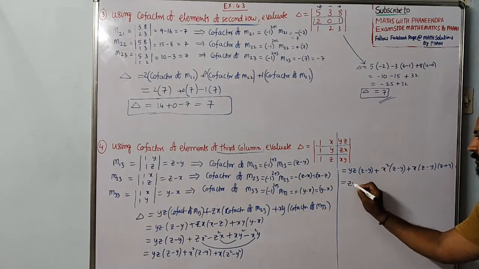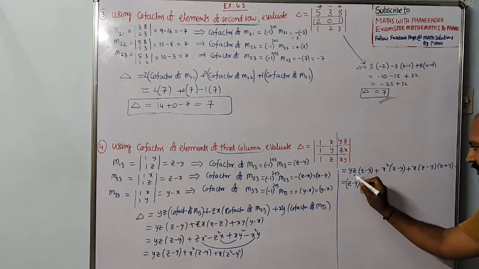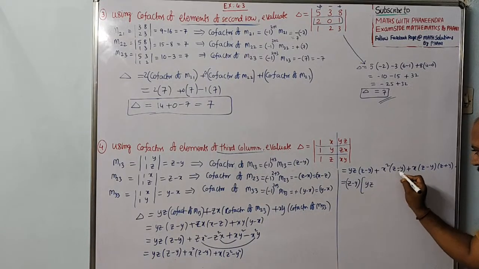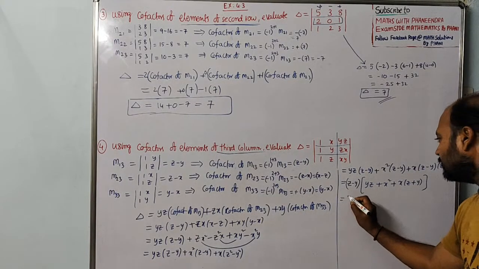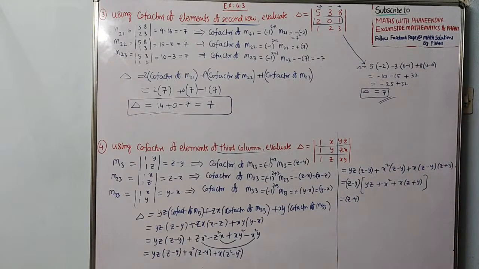Throughout z minus y, I am taking common. So what is the rest of the things? Yz, z minus y means x square is remaining. Next here, plus z minus y remaining, x into z plus y. So z minus y, still here z minus y I have taken. Here also z minus y have taken, x into z plus y. So yz plus x square plus zx plus xy.